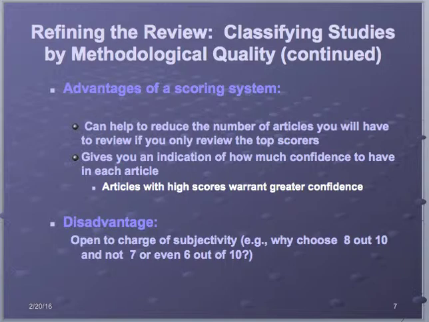Although, as Fink notes, one of the big disadvantages of that is it's very subjective in nature from your perspective, because let's face it, it's a process that in and of itself doesn't have a high degree of validity and reliability. Why did you pick a 7 on this one instead of a 6? And what is the difference between the things that you've assigned a 7 to or a 6 to in terms of scoring the quality of the research that you have? So that's one method.